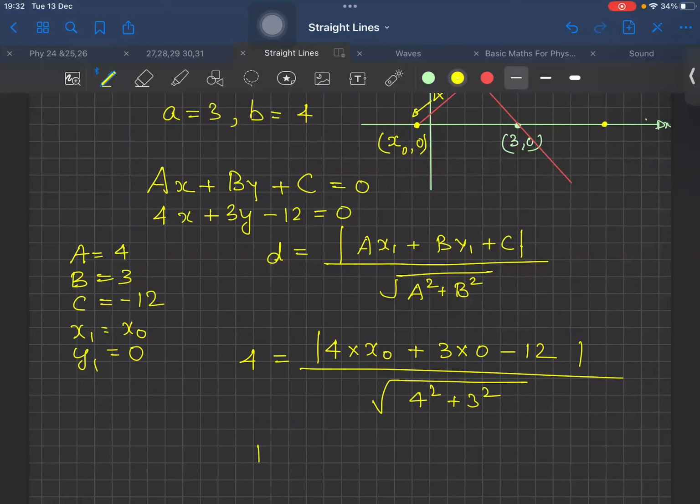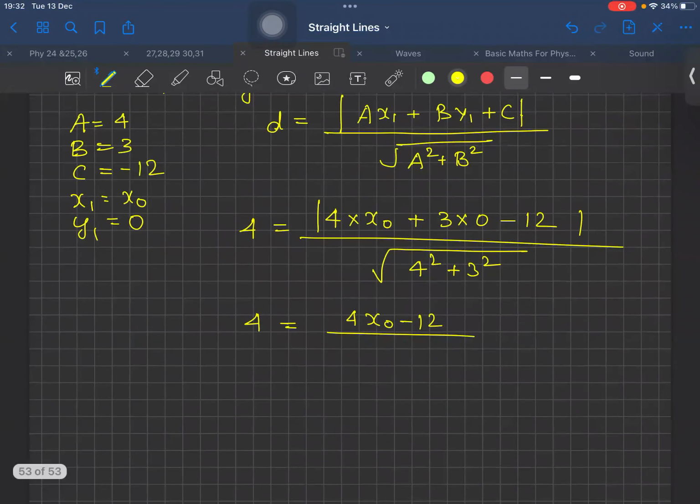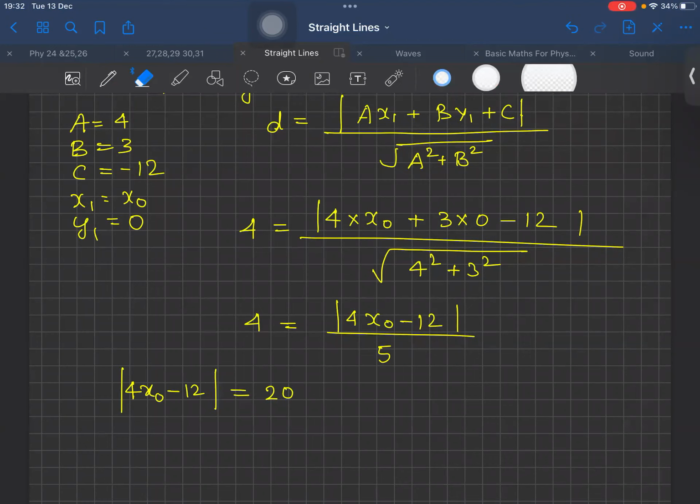Let's solve it. 4 will be equal to modulus of 4x0 minus 12, whole divided by 5. 4 square is 16 plus 9, so the square root of that is 5. So this will be 20. So modulus of 4x0 minus 12 is equal to 20. That means what you can write.